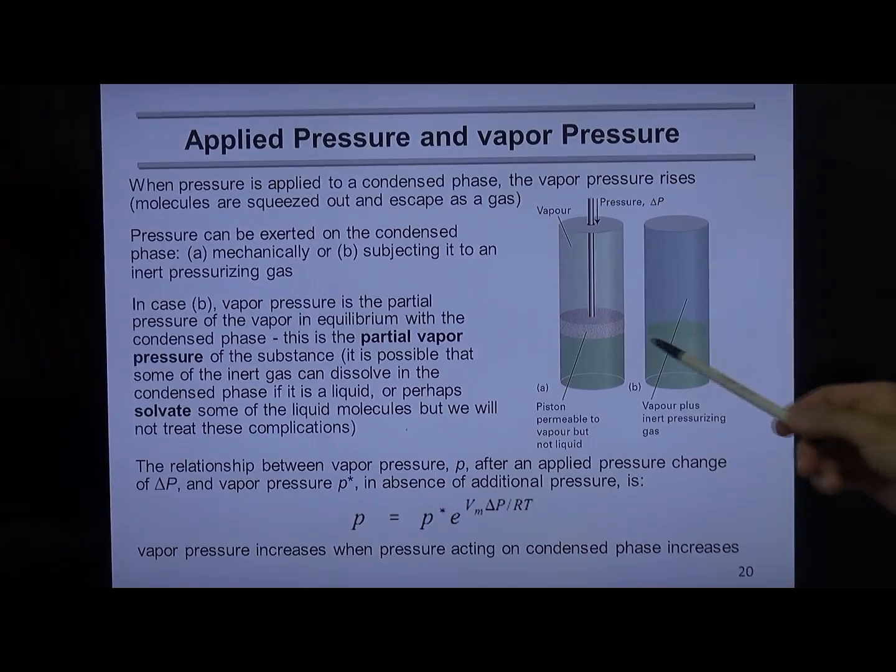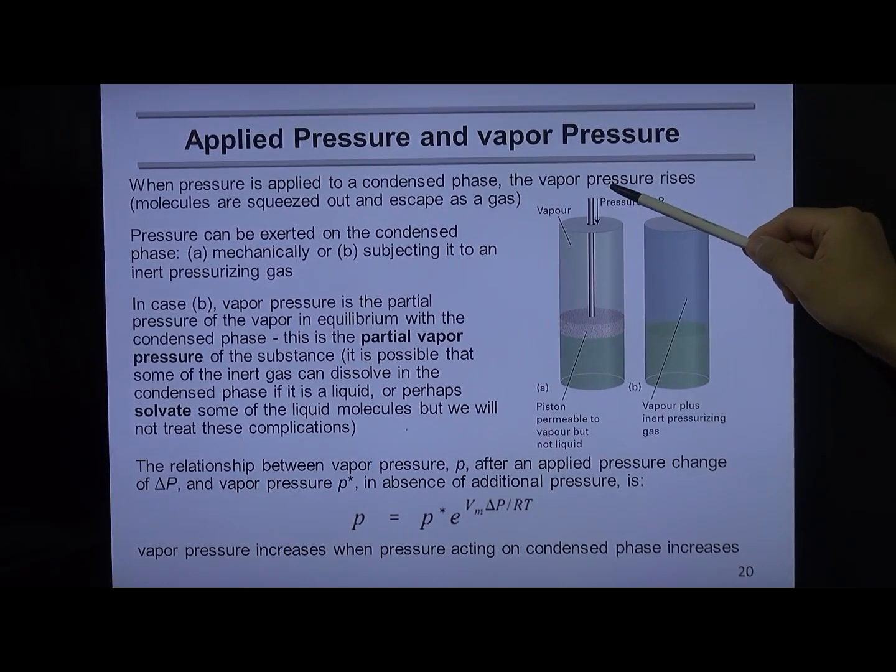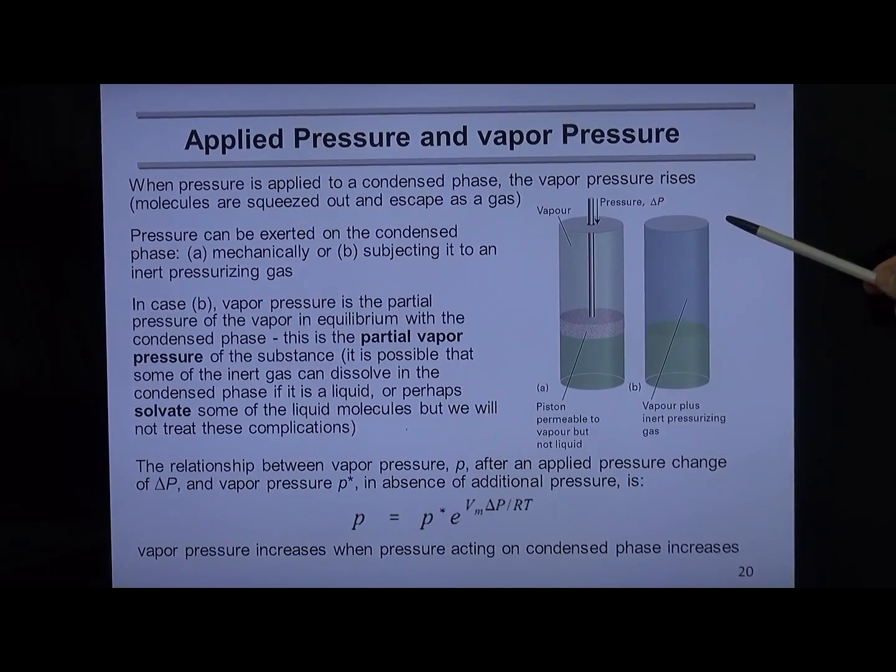So either way, either mechanically pushing or using a pressurizing inert gas, you can push the liquid, and that will result in an increase in vapor pressure. That's obvious, right? Because we push the liquid, we squeeze it. Then, how much does the vapor pressure increase? Quantitatively, we want to know how much the vapor pressure increases as a result of this increase in applied pressure on the liquid, okay?